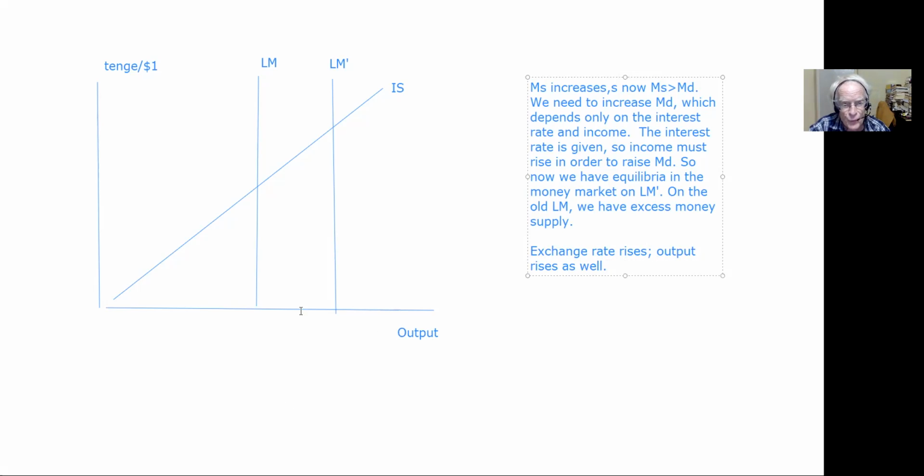But why does output rise? Let's see. Output in general is equal to consumption plus investment, government spending on goods and services, and net exports.